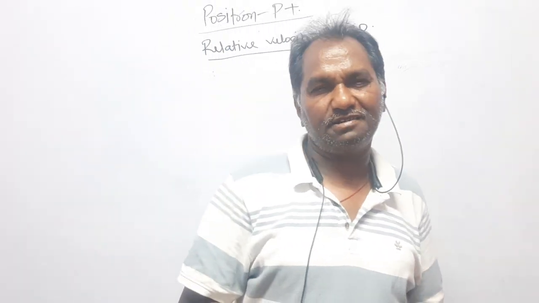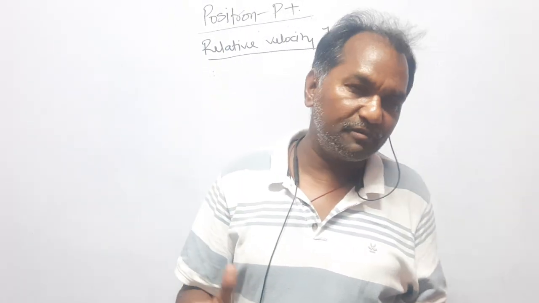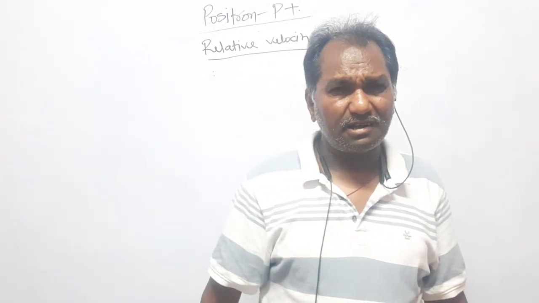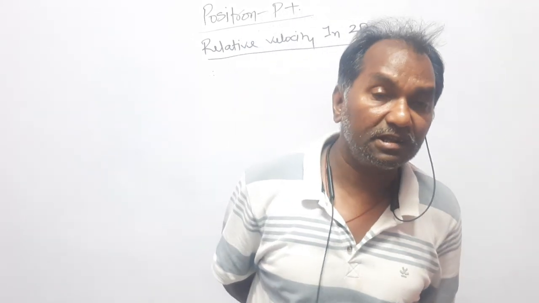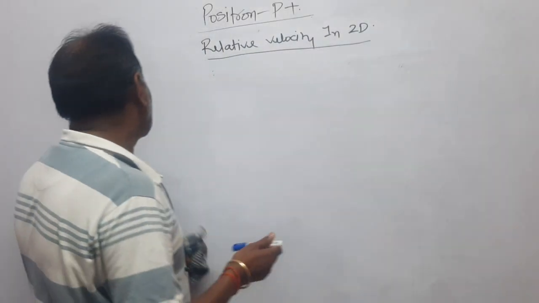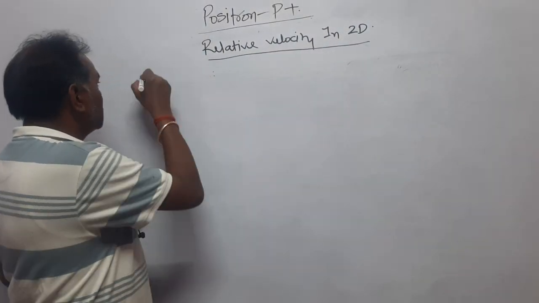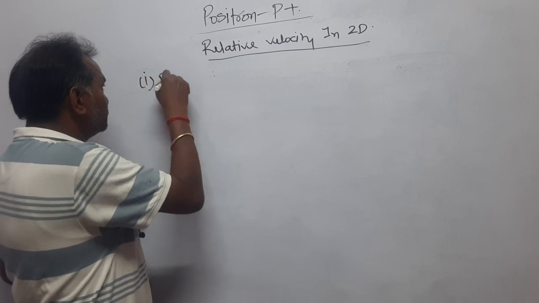The experts used to say that if you solve this river boat problem or airplane wind problem with respect to ground as a frame of reference, then things become very easy for you. So dear student, first we are going to solve the river boat problem.